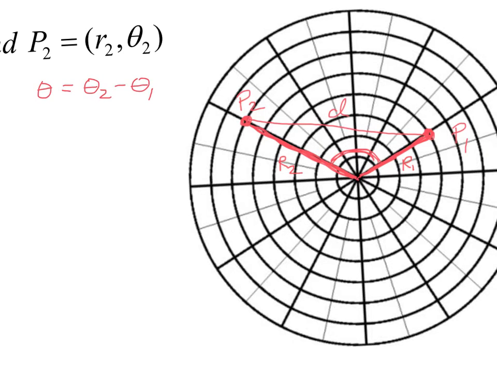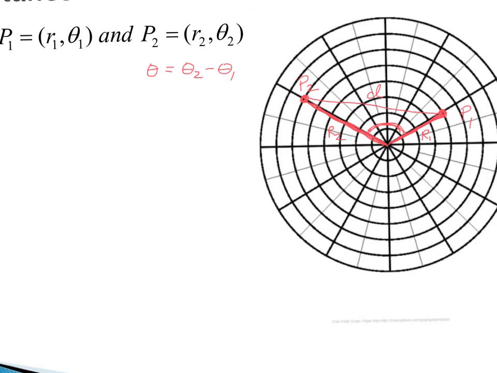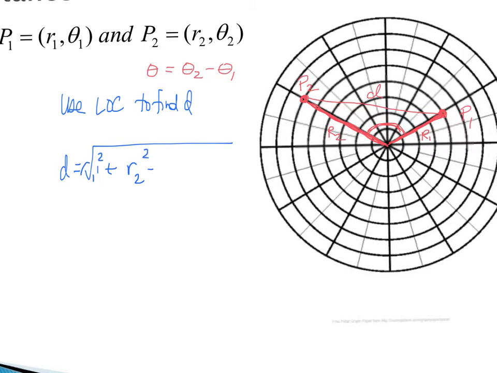Now, one thing that I would suggest is I always rewrite my points with positive r's and positive thetas before doing these problems. You don't have to, but I just find it easier to visualize what the angle should look like. So what we're going to do is we're going to use law of cosines to find our distance, and we will say it'll equal r1 squared plus r2 squared minus 2 times r1 times r2 times the cosine of the angle that's in between them.